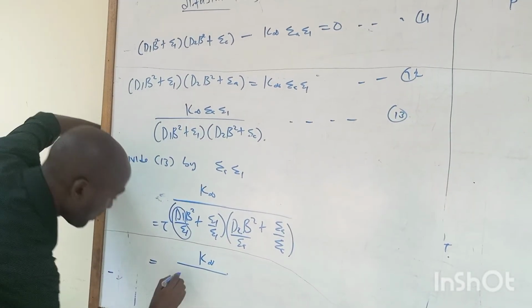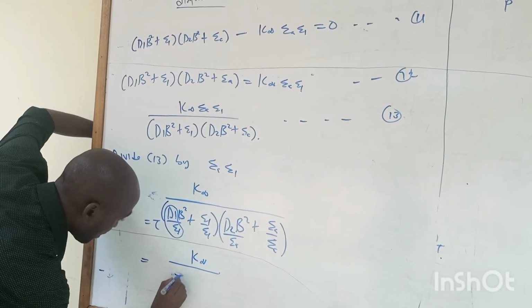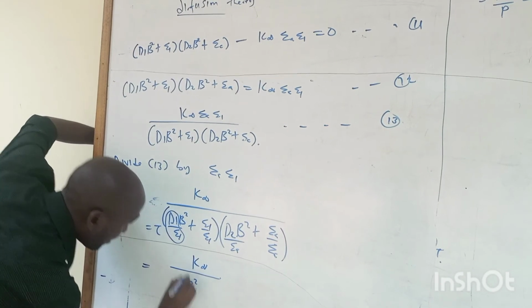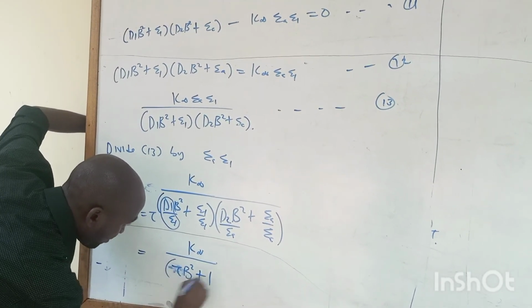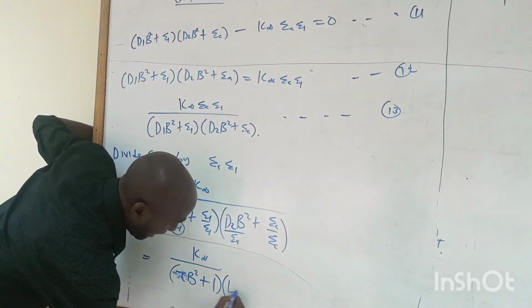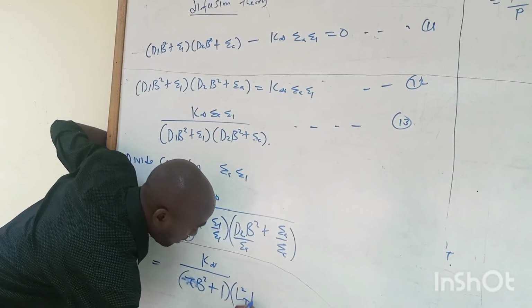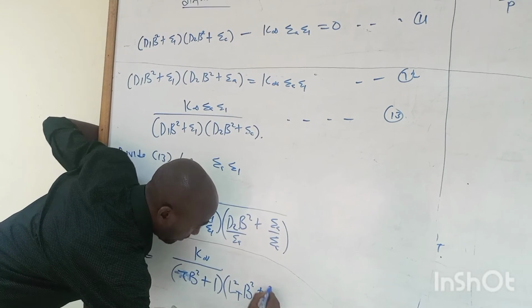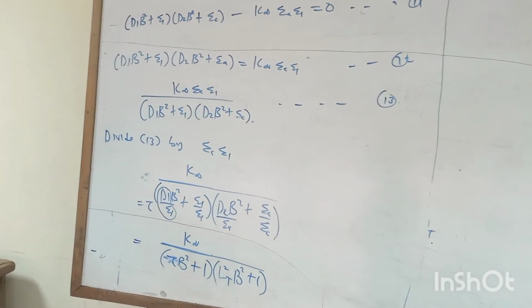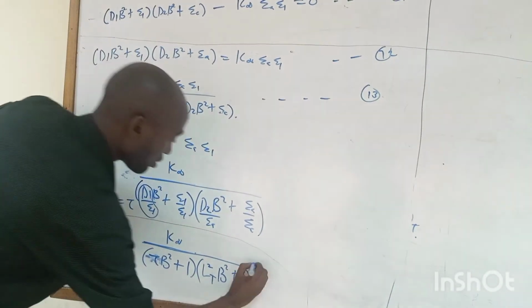So we now have tau b squared plus 1, bracket, d2 over ea will give you Lt squared b squared plus 1, which is equal to what? 1.